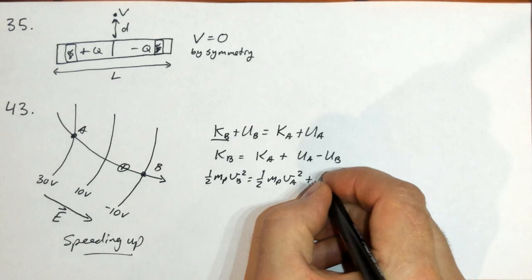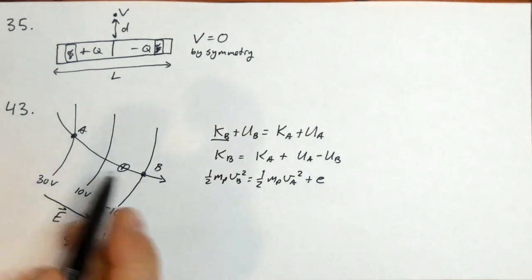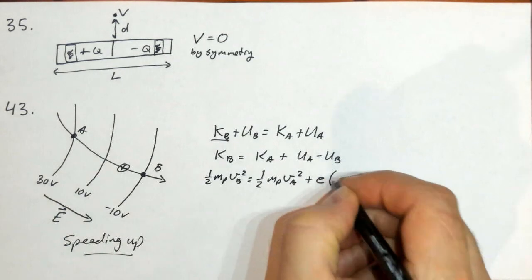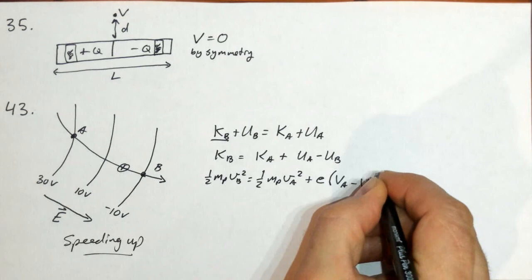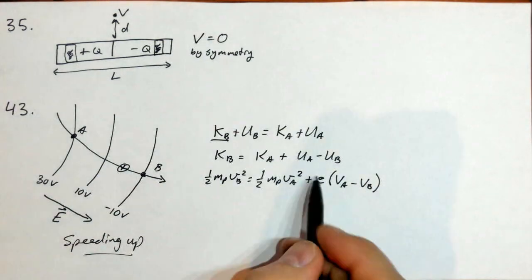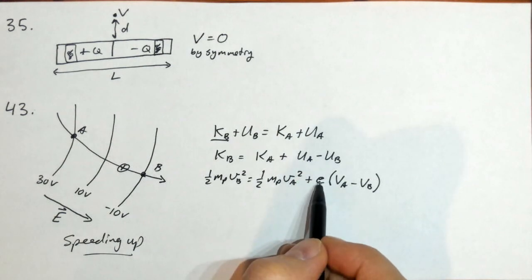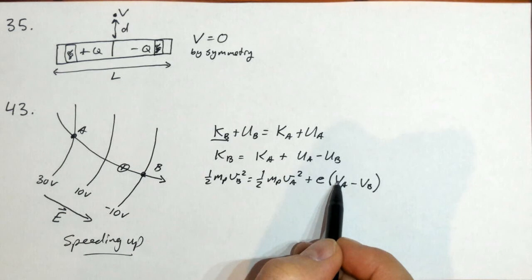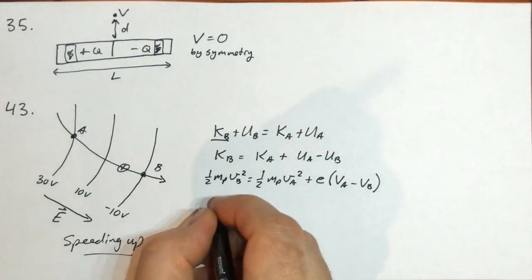So this would be e, that's the size of the charge of a proton, times, and I'm going to just factor it out right away, VA minus VB. So again, potential energy of a charged particle is the size of the charge times the potential created by all the sources.